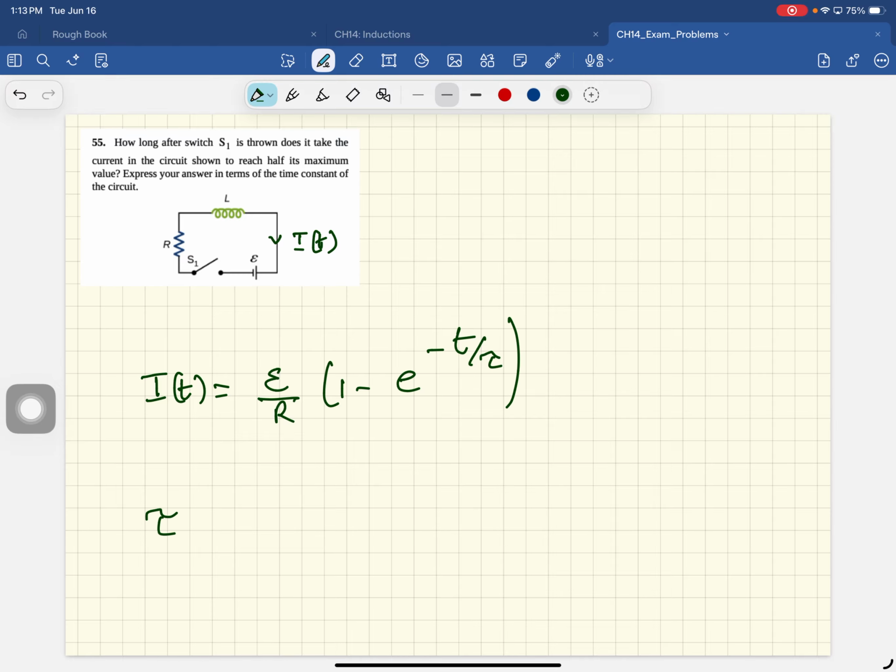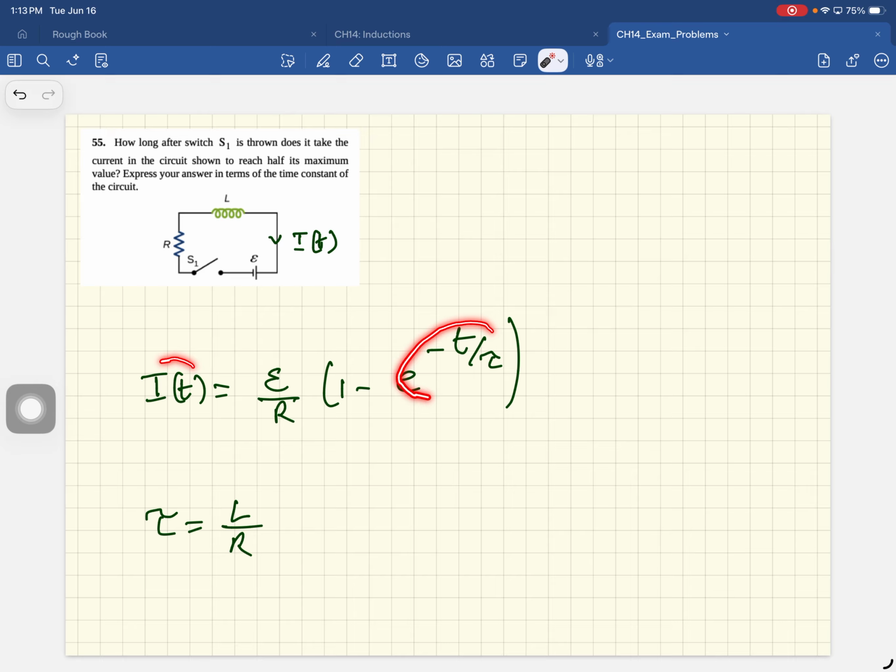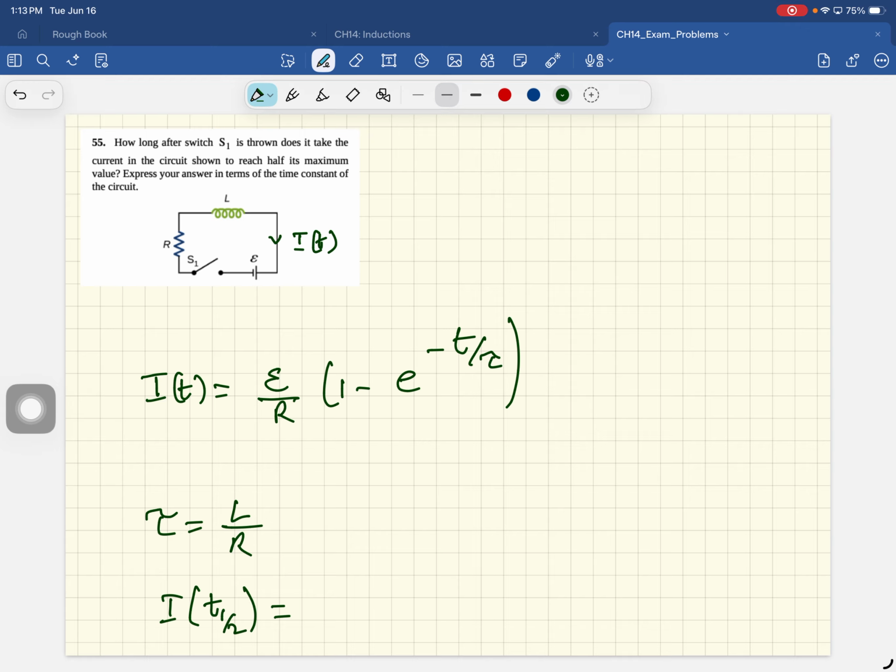And then part B, the time constant is L over R. The millis cancel, and henries over second is ohms.